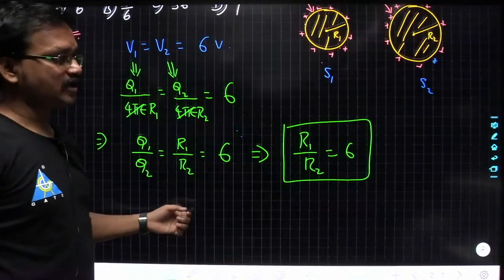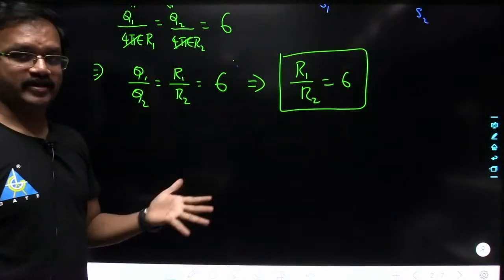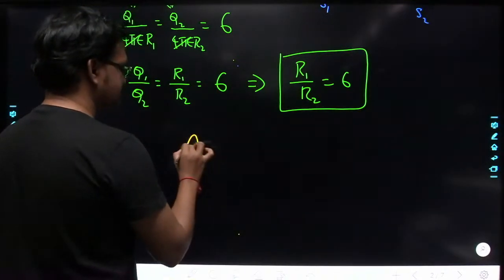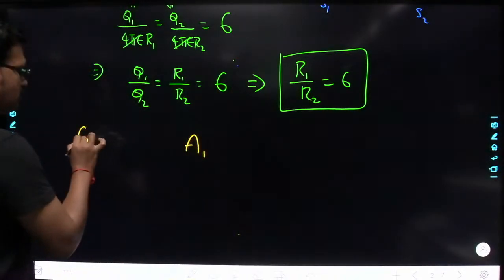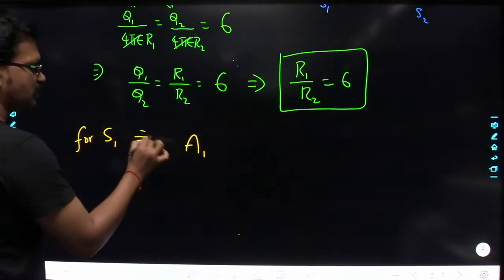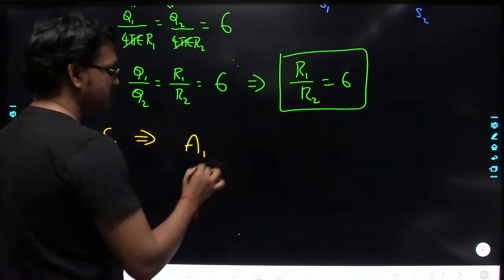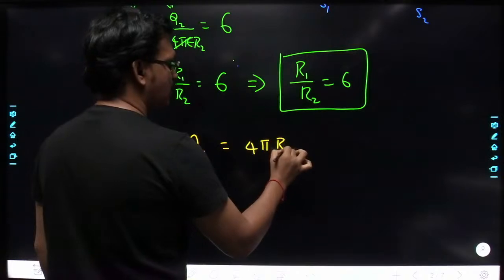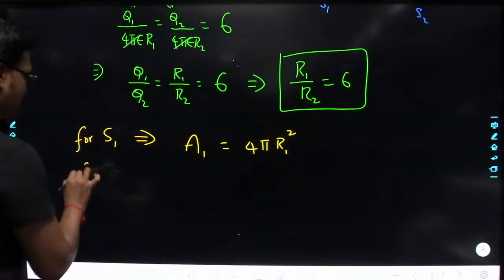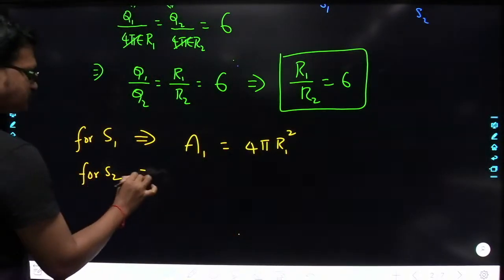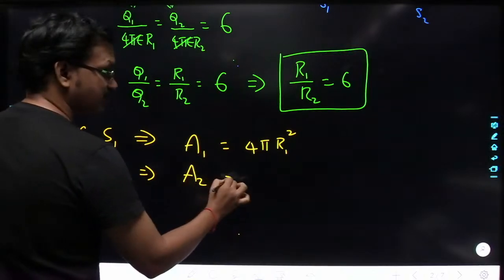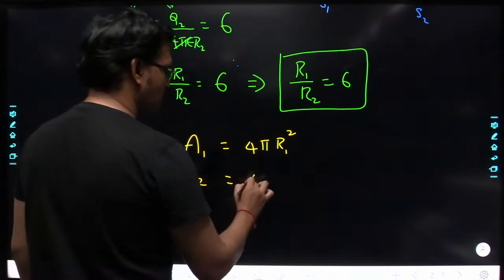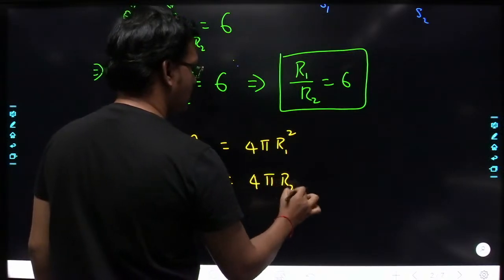Now they are asking for the ratio of their surface areas. For sphere S1 the surface area is A1, which is 4 pi R1 square, and for S2 the surface area is A2, which is 4 pi R2 square.